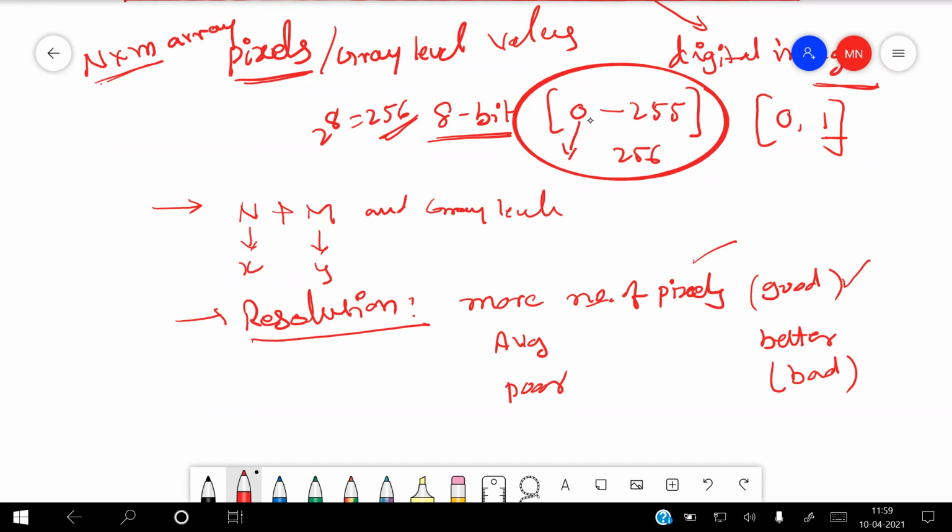That is why we take a 20 megapixel camera, 30 megapixel camera: we need to capture all the information and perceive it in a good manner, with more pixels it appears as a high resolution image. So we require some decision on the values of N, M, and the gray level values.